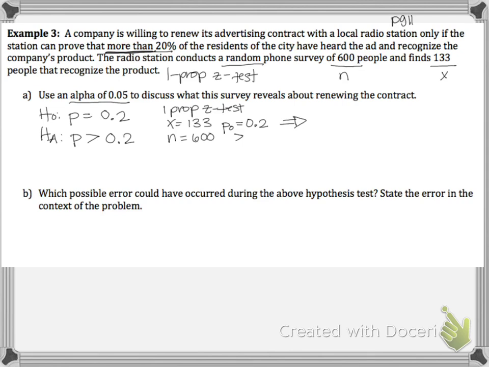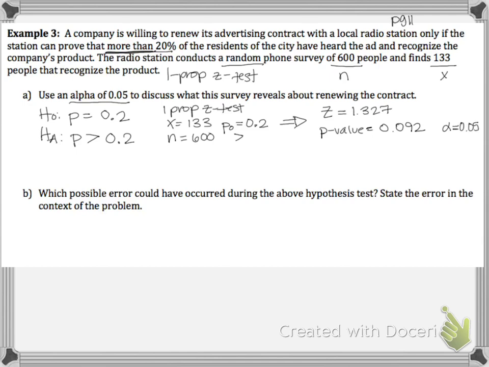Out from our calculator, we get a Z-score and a p-value. Our Z-score here happens to be 1.327, and our p-value is 0.092. Now remember that we want to compare 0.092 to alpha of 0.05.